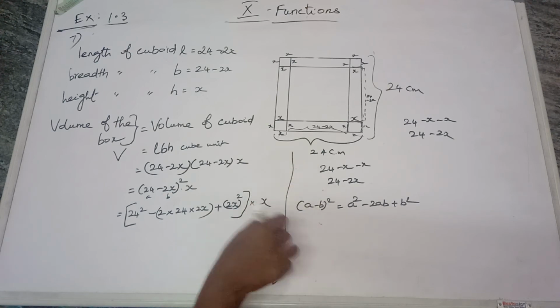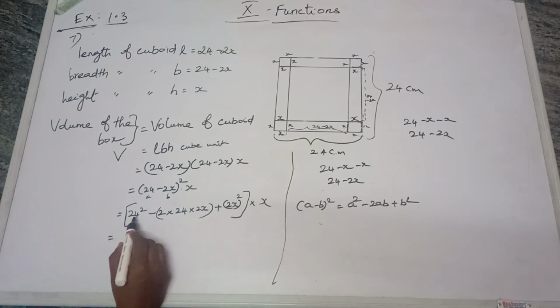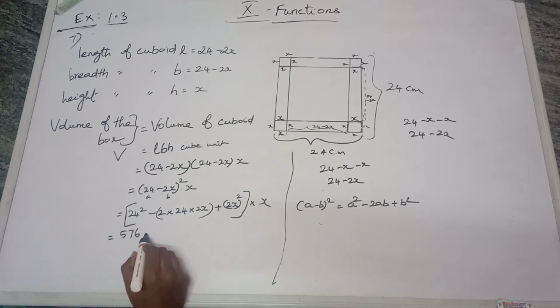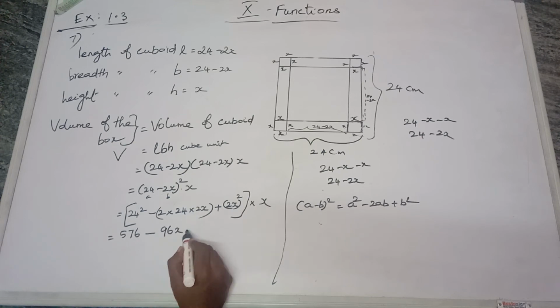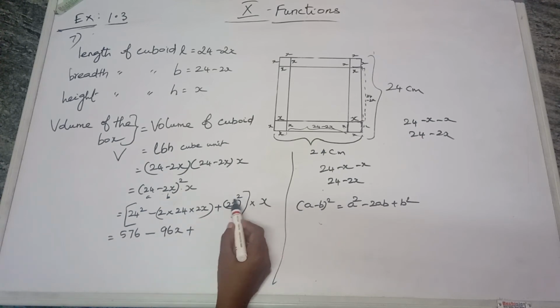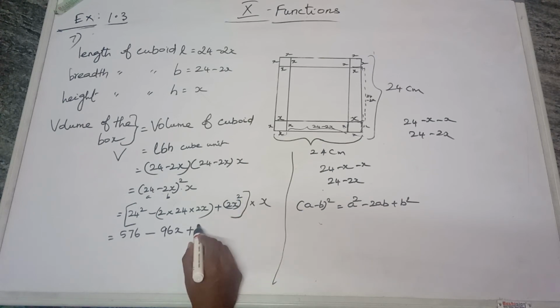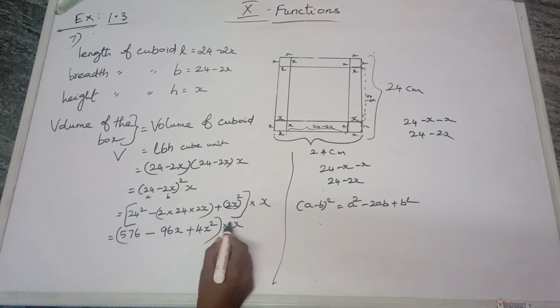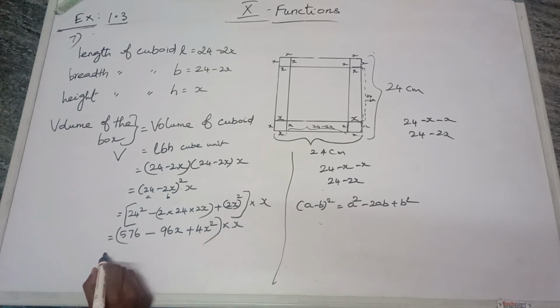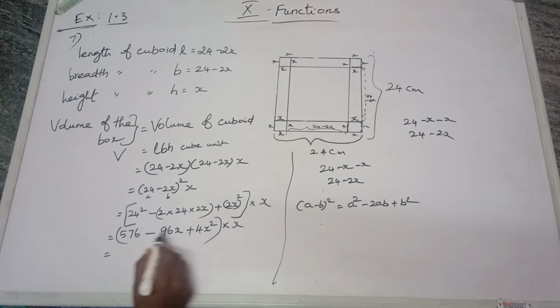Now you have to find the value. 24 square is 576, then minus 24 times 2 is 48, 48 times 2 is 96x, then plus 2 square x square, 2 square is 4, 4x square, multiplied by x. You have to multiply each and every term inside the bracket by x.